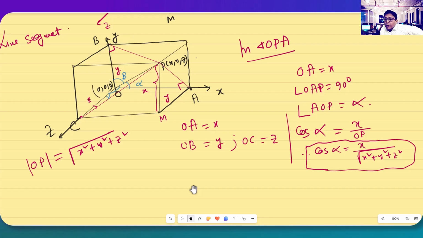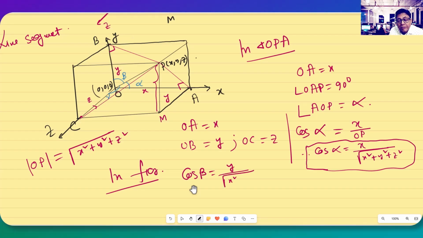Cos alpha I have already told you. If we calculate cos beta in the same diagram, cos beta is y by under root x square plus y square plus z square. And cos gamma, if you see, because this angle is 90 degrees, this will be z.